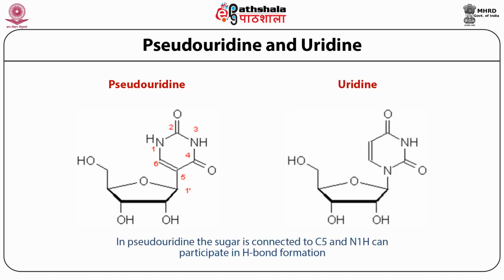In the case of pseudouridine, the sugar is connected to C5 and N1H can now participate in H bonding. These occur in case of tRNA structure, and pseudouridine is different than uridine.